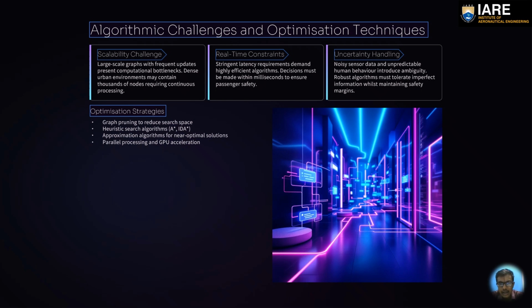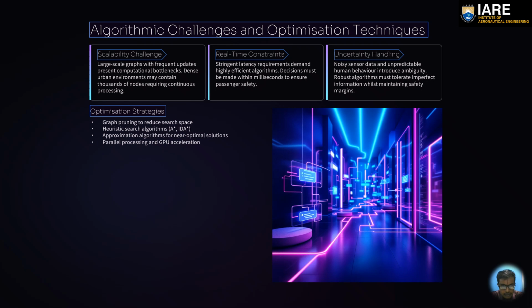And after that, uncertainty handling. Noisy sensor data and unpredictable human behavior introduce ambiguity. Robust algorithms must tolerate imperfect information whilst maintaining safety margins.